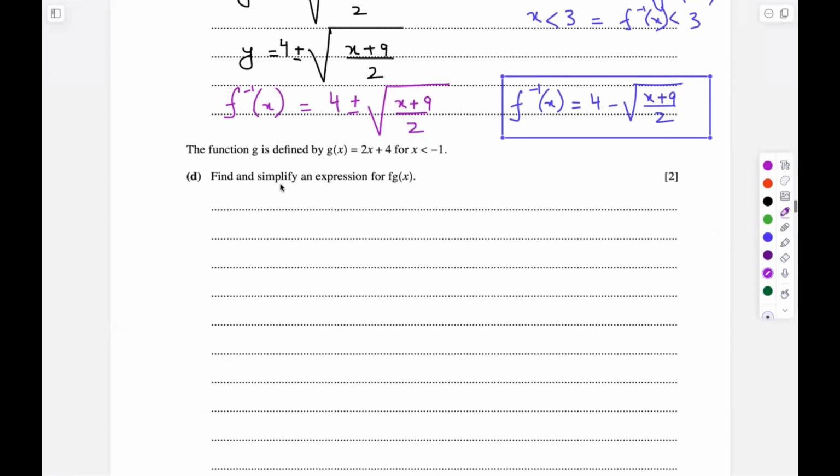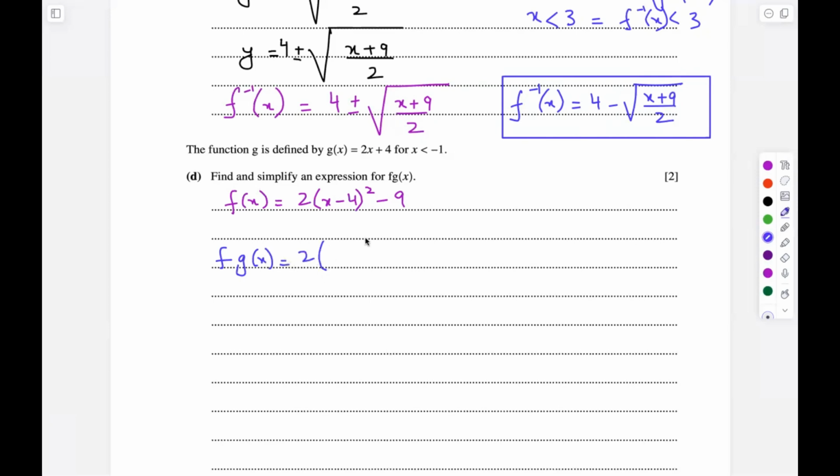In part D, the function g is defined by 2x plus 4 for x less than minus 1. We have to find and simplify an expression for fg of x. Now, f of x we already know is 2 into x minus 4 whole squared minus 9. To find fg of x, in place of x we'll write the function g of x.